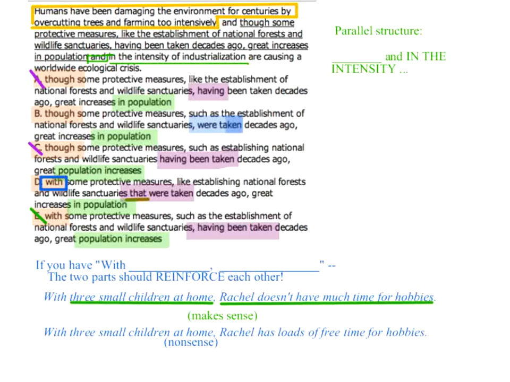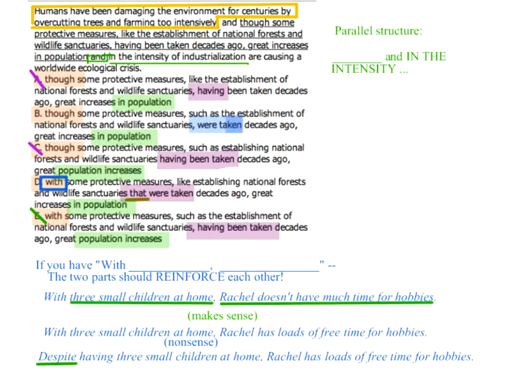You would want to have an "although" or something like that. Despite would work. "Despite having 3 small children at home, Rachel has loads of free time for hobbies." Now that we've added despite here, this actually makes sense again.